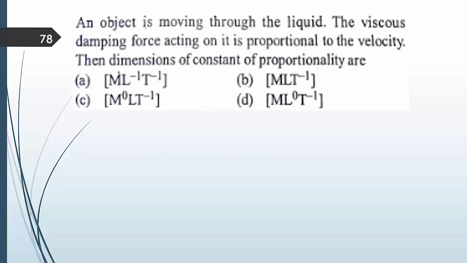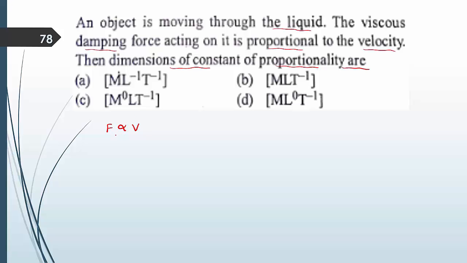Question number 78. An object is moving through the liquid. The viscous damping force acting on it is proportional to velocity. Then dimensions of constant of proportionality are. See here, the viscous force F is proportional to velocity v.